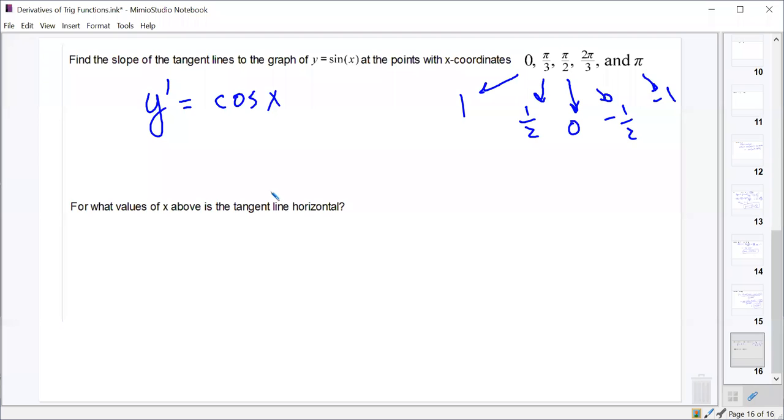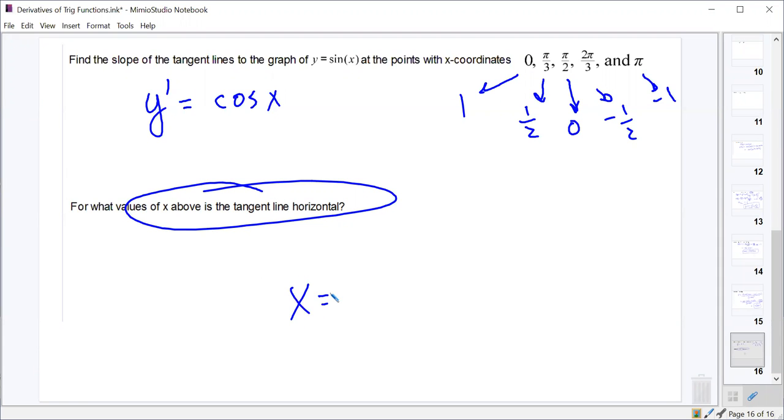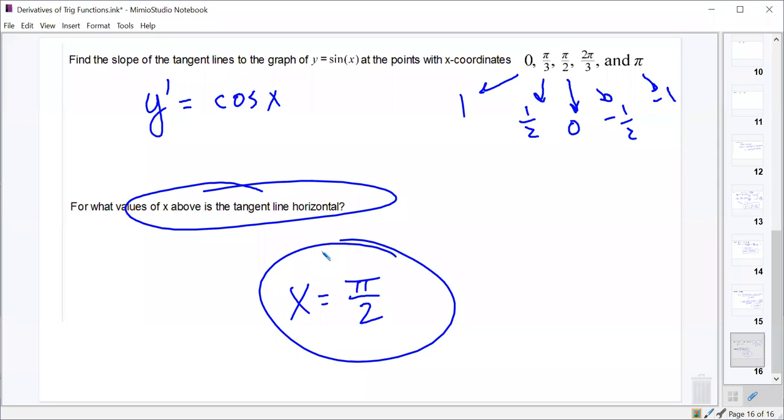And so when is the tangent line horizontal? The tangent line is horizontal when the slope of the tangent line is 0. In this case, that's at x equals pi over 2. Everybody good? Pretty straightforward? Yeah.